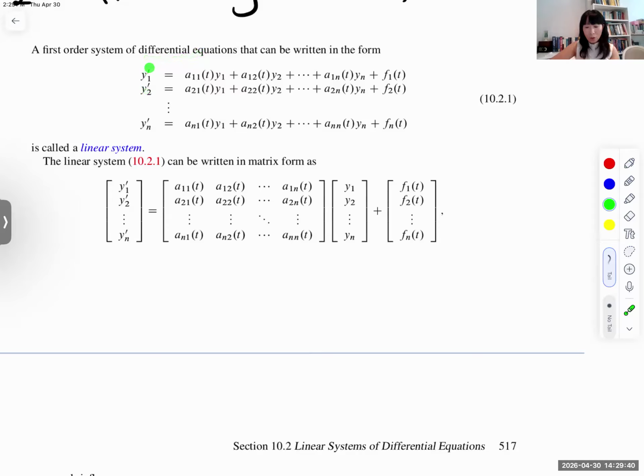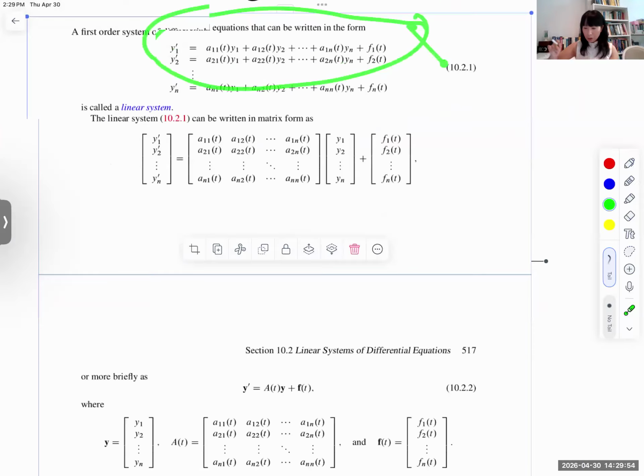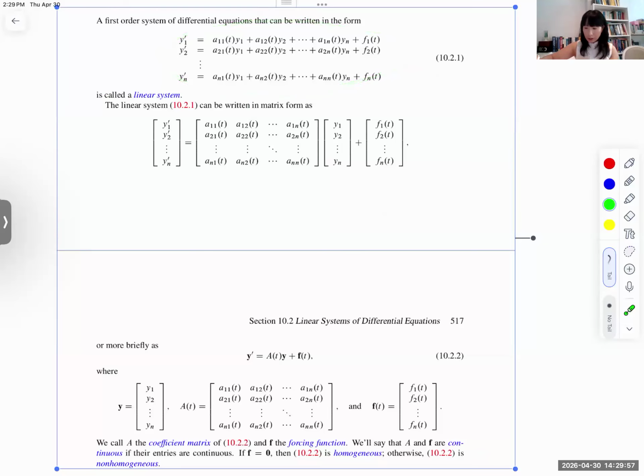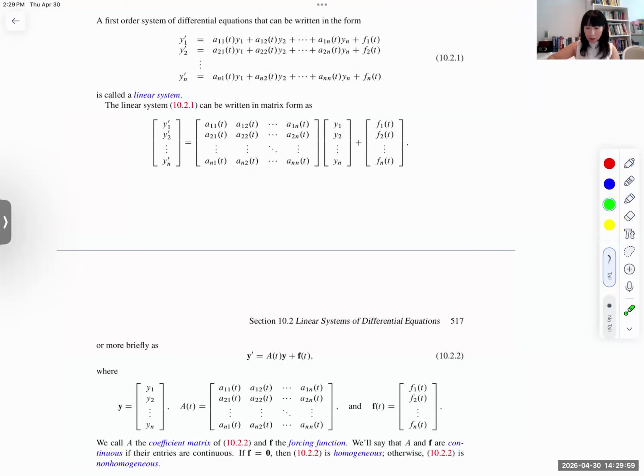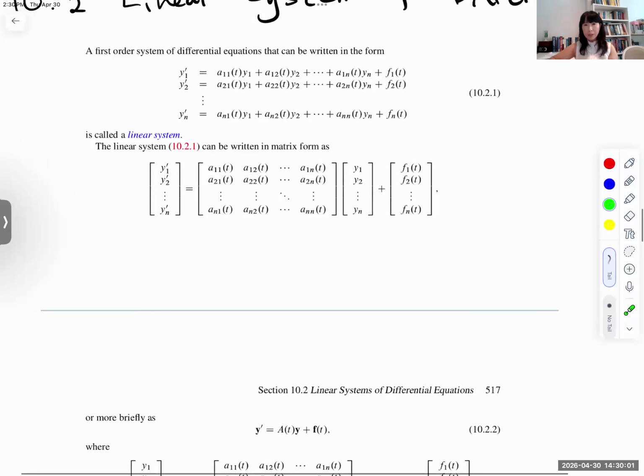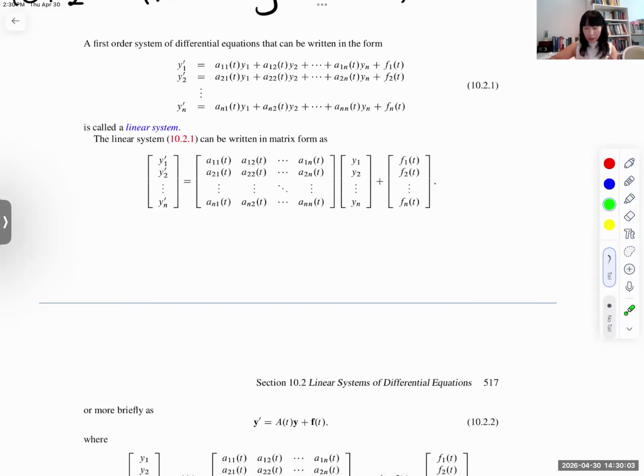We have only the first derivative, so it's a first order system of differential equations, all right? This one, which is a linear first order system, we can express in matrix form.